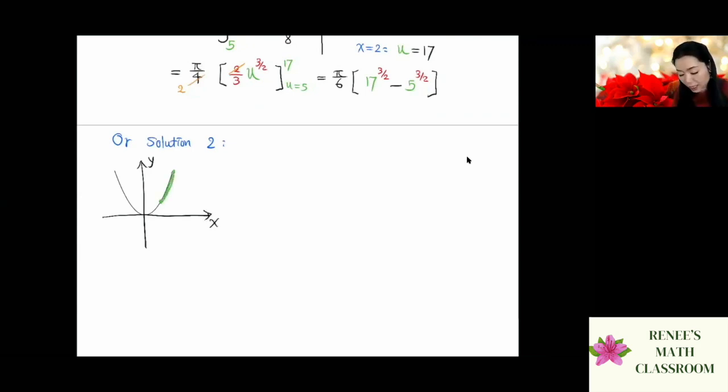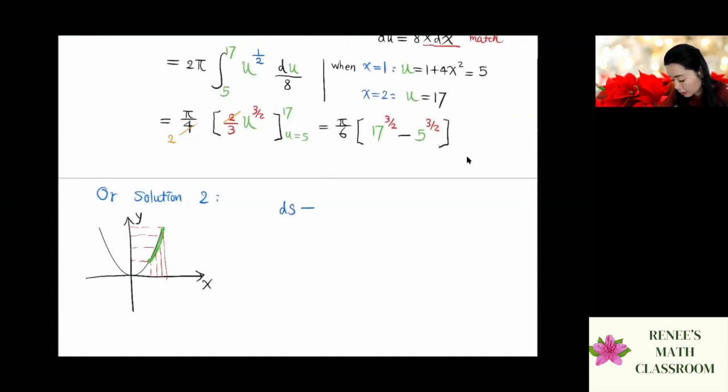You can slice it this way, but you can also slice it this way. You can slice it 2 different ways, so for the ds here, both of the 2 different expressions work. So remember our ds. There are 2 different ways. One is if we put the dx outside, and the other one you can put dy outside.